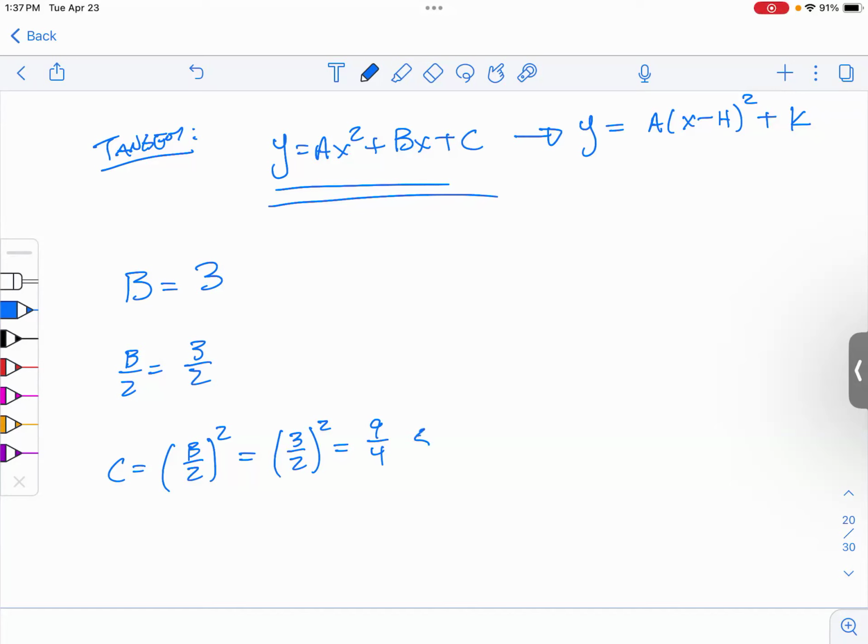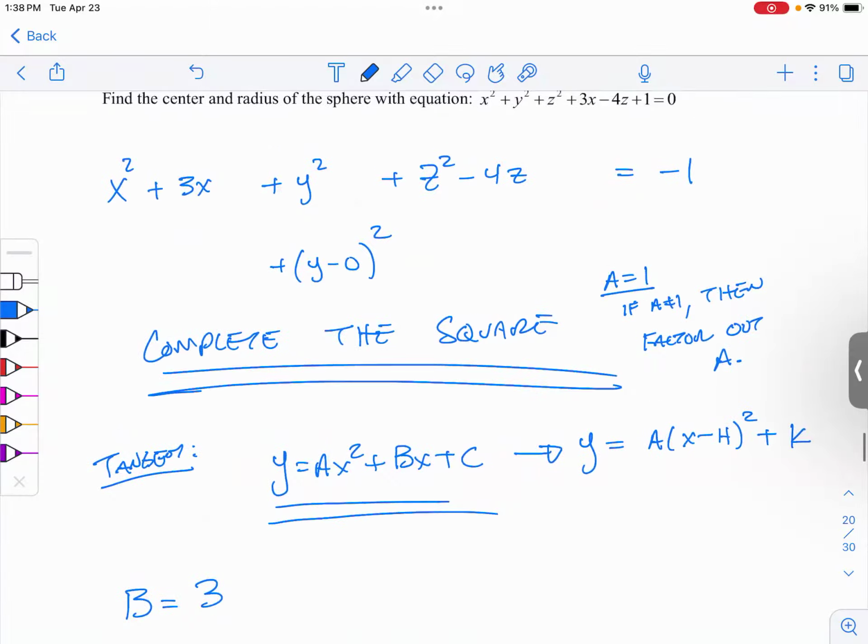And that c term, add to both sides. Now, we have an equation here, so I can add it to both sides. If you just had an expression, then you'd have to add and subtract it, that way you'd be adding 0. But this one, I actually have an equality.